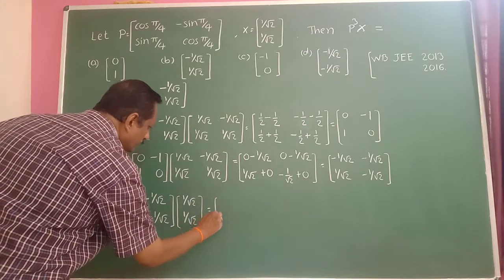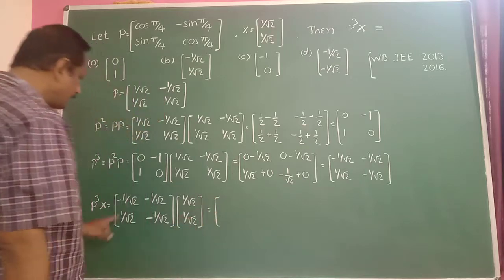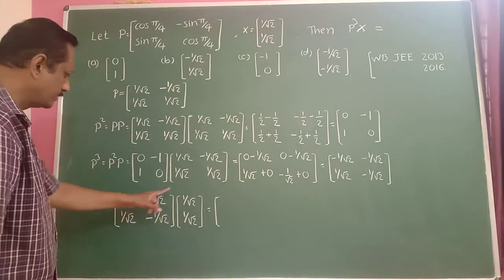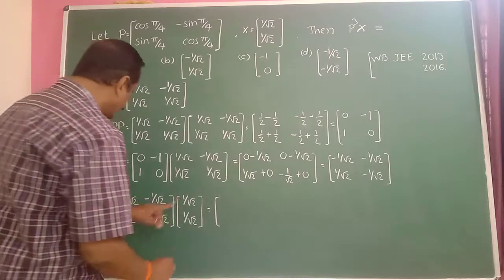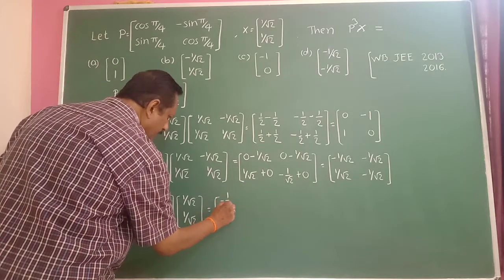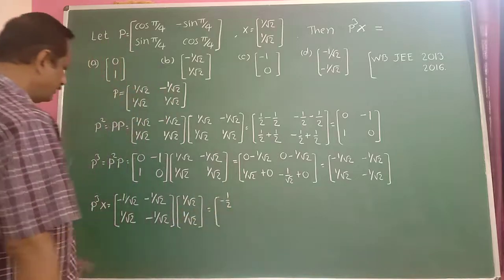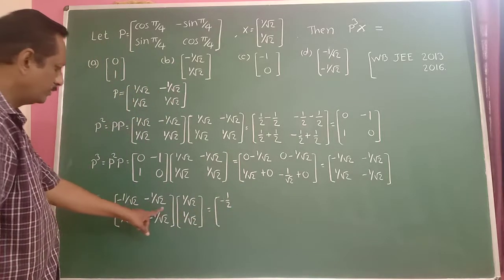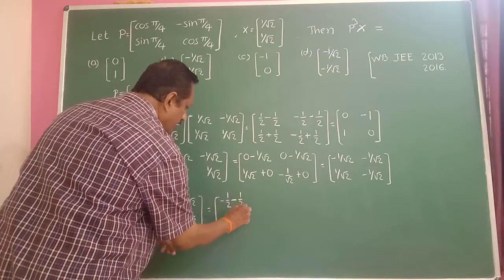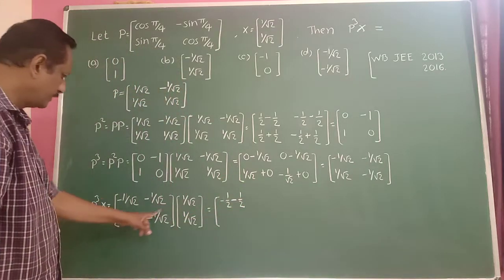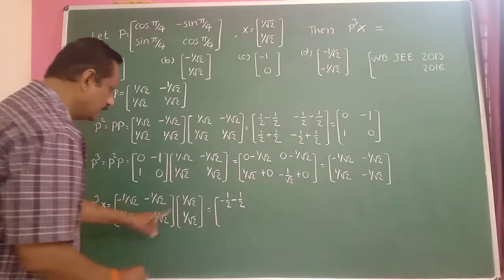Therefore this is equal to, here this into this, multiply row with the column. Minus 1 by root 2 into 1 by root 2, minus of 1 by 2. Then minus 1 by root 2 into 1 upon root 2, minus of 1 by 2. Then multiply with the column here: this into this, 1 upon 2.